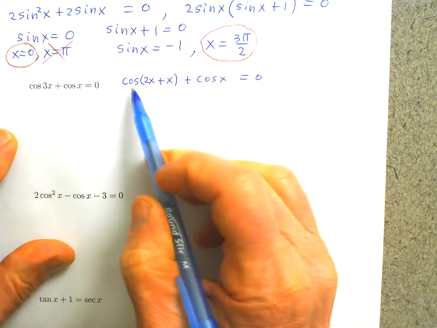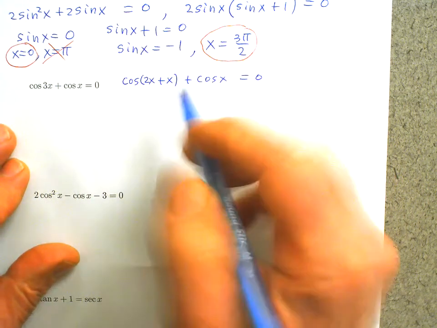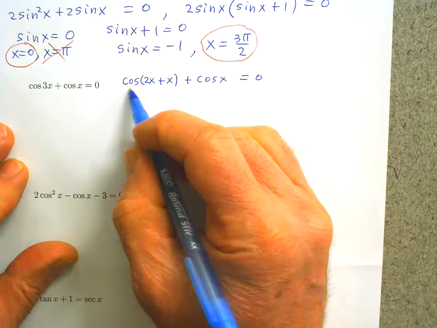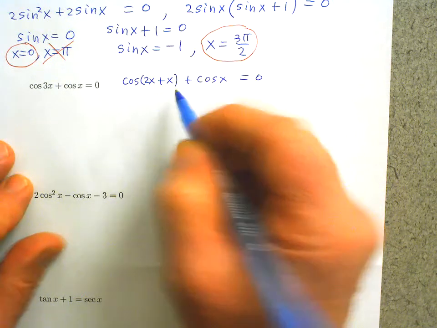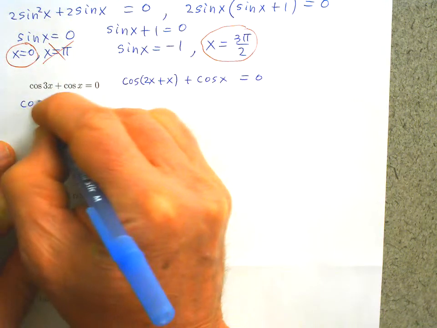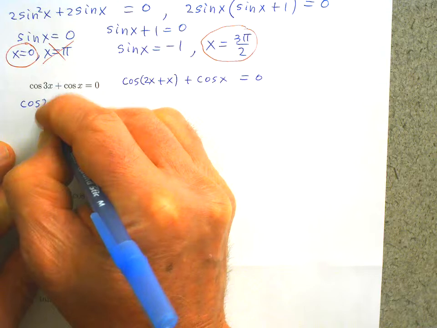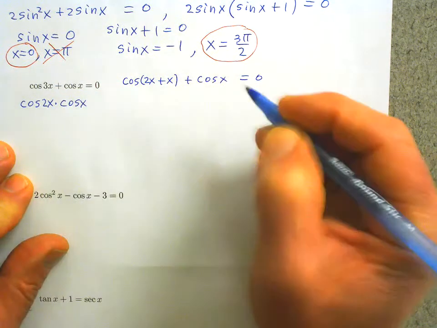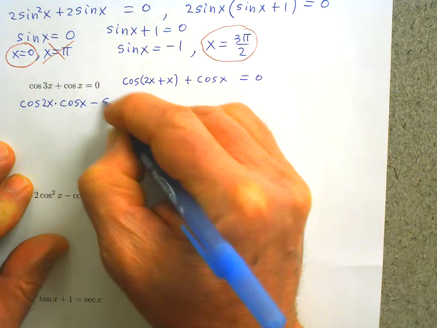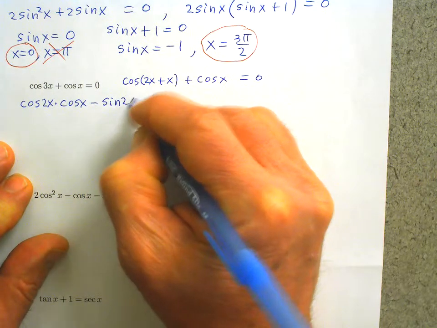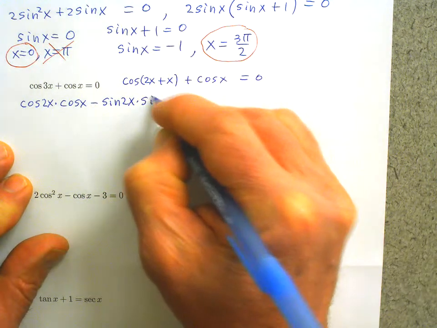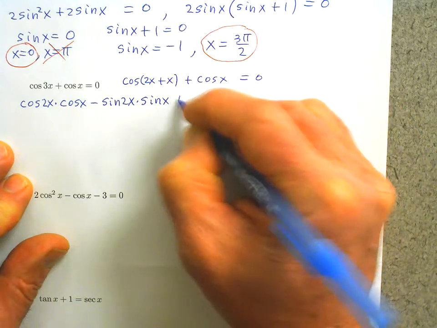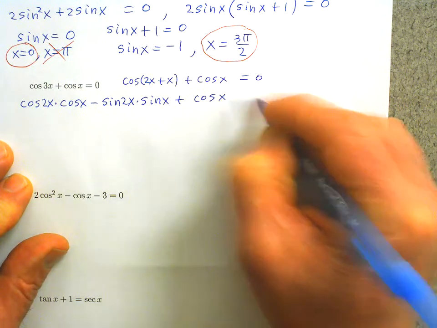And then use the sum formula for cosine. Cosine of 2x plus x is cosine of 2x times cosine of x minus sine of 2x times sine of x, and then plus cosine of x equals 0.